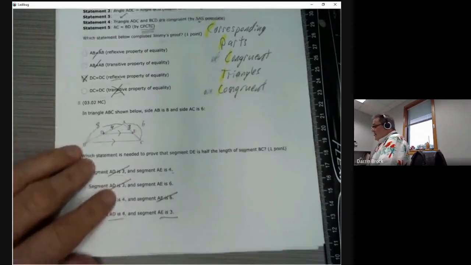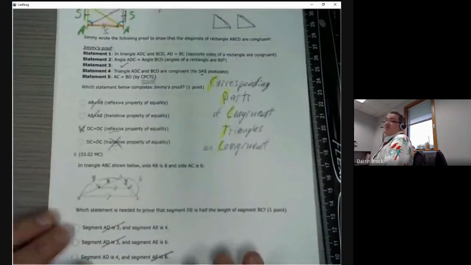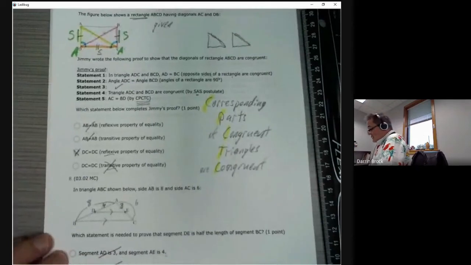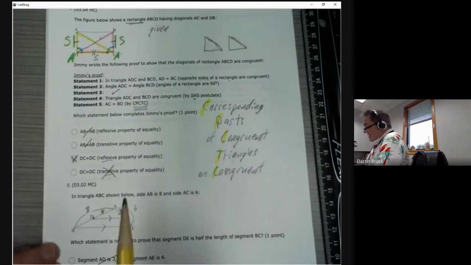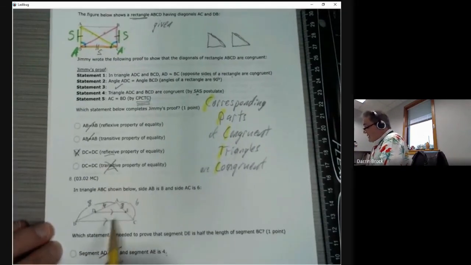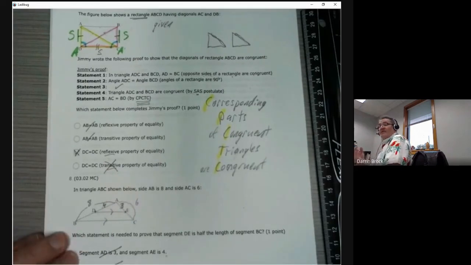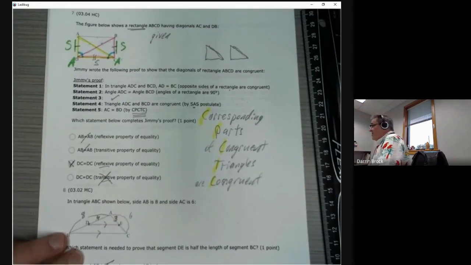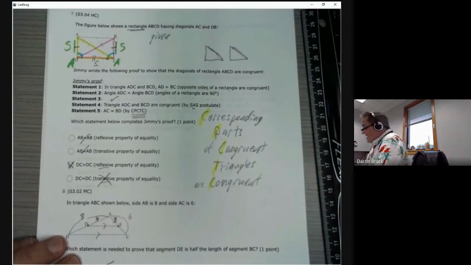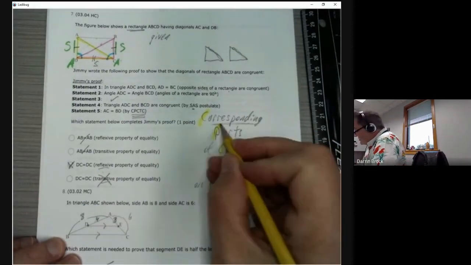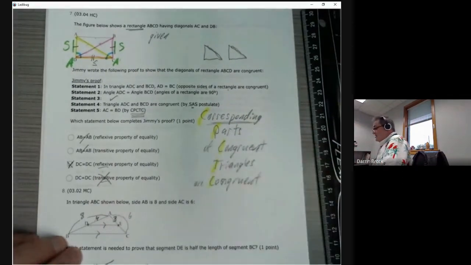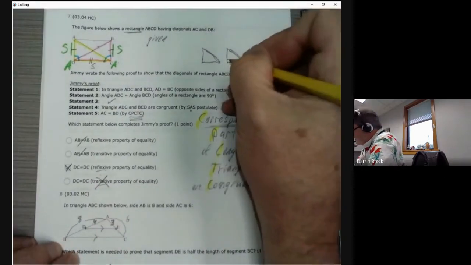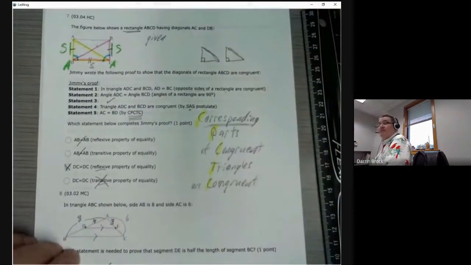So the things you need to pay attention to on this practice test, the things you need to know: the reflexive property, the mid-segment theorem, alternate interior angles, alternate exterior angles, corresponding angles. Corresponds means in the same position, the same place. This angle corresponds with this angle, right?